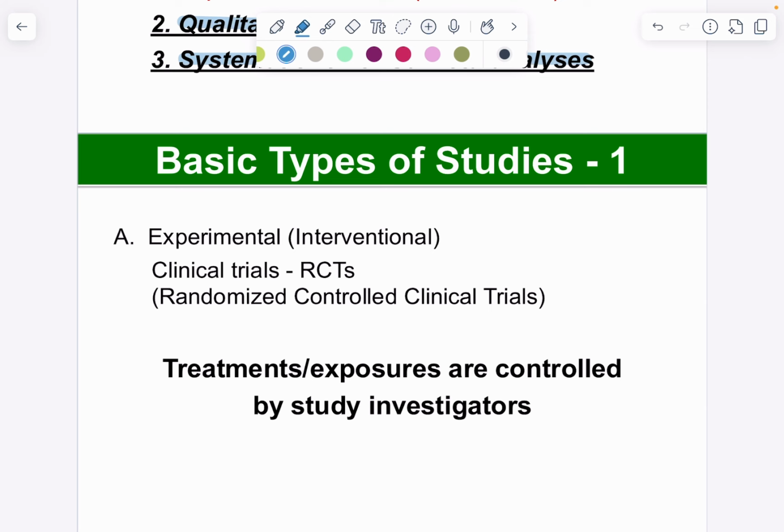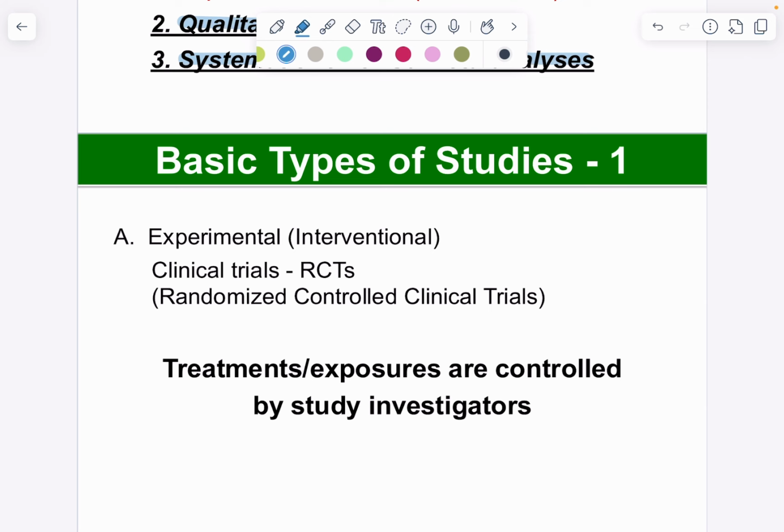The manipulation or intervention could be of any type. It could be therapeutic, it could be preventive. Preventive, if I introduce a new vaccine in the population, for example, to see if it's working or not. Or treatment, therapeutic, any new drug I introduce in the population.